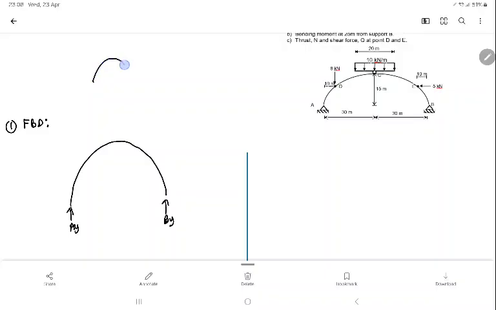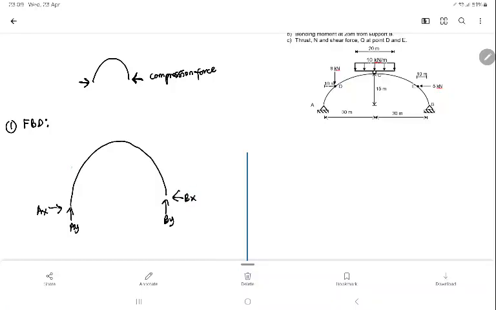You need to remember that arch is experiencing compression force. So we have to put the horizontal forces as pushing forces, so that your AX is in this direction and BX in this direction.